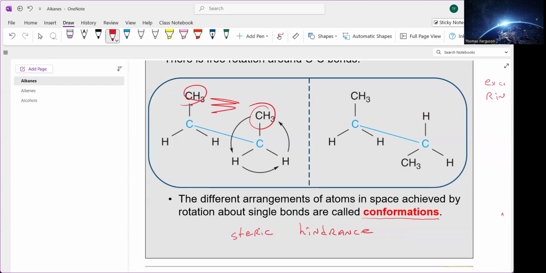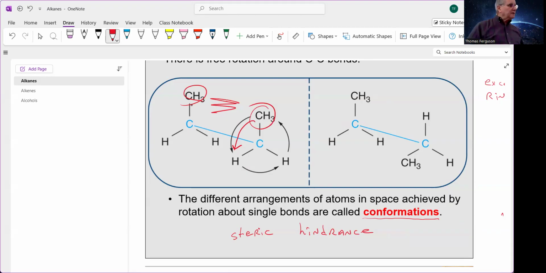By twisting that blue carbon, we've moved this group downward so that it doesn't interact with the other methyl group. The fancy name for this is steric hindrance.